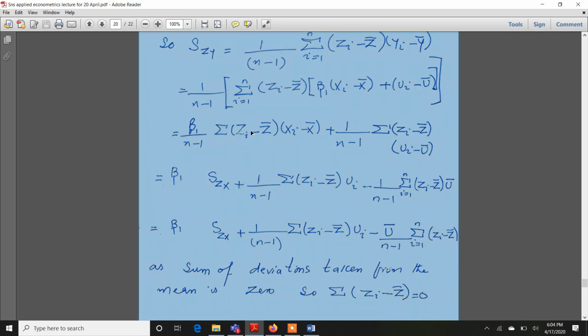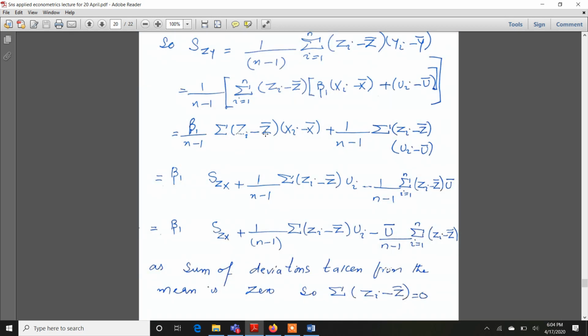This cross product of z minus its mean and x minus its mean, divided by n minus 1, means it's the covariance between z and x. So I've written this entire thing as covariance, and beta 1 is as it is, plus the second term, 1 over n minus 1 as it is, multiplying the sum of zi minus z bar once with ui and then with u bar.